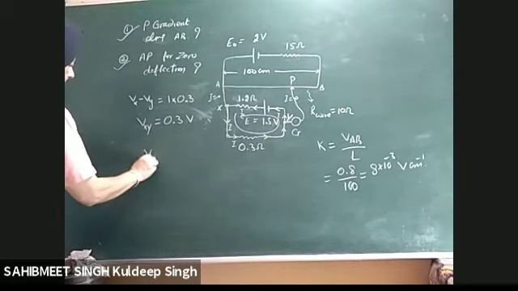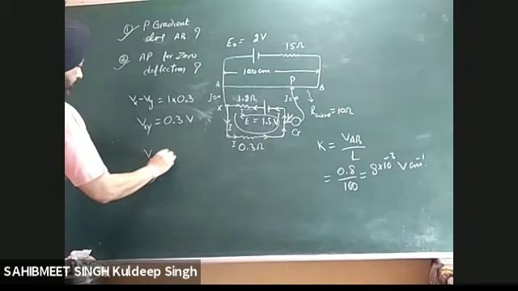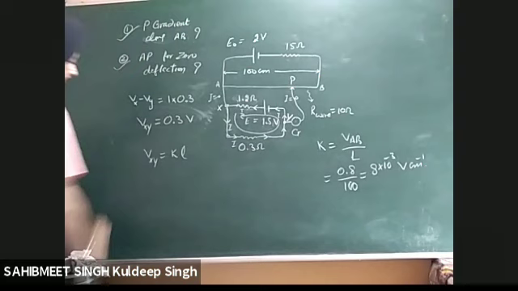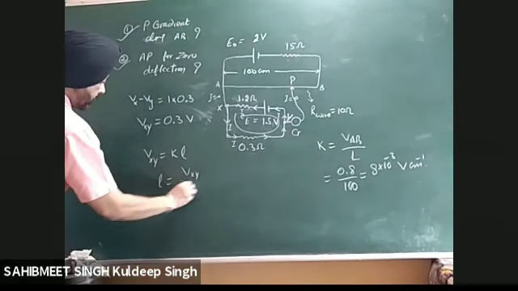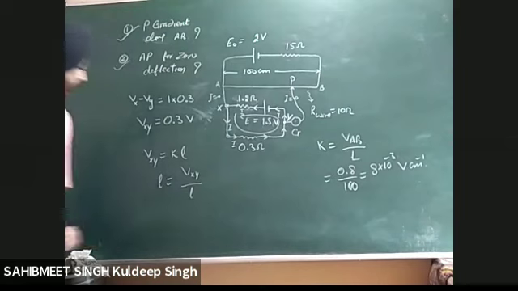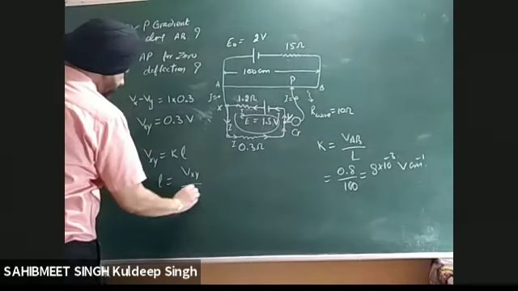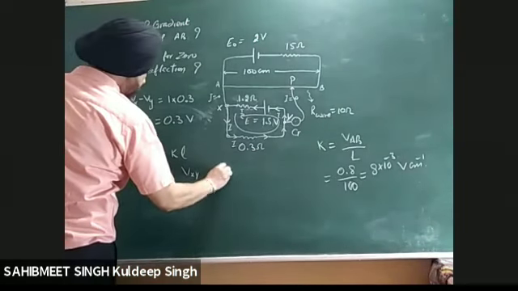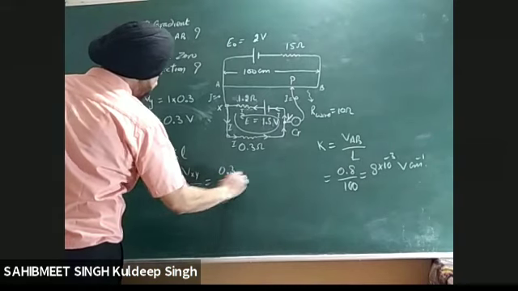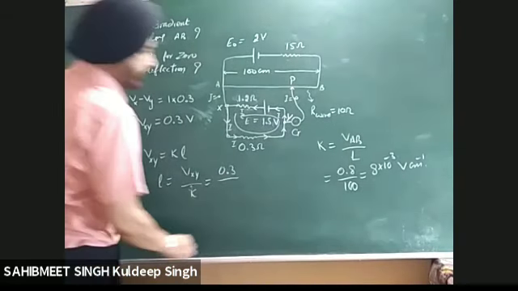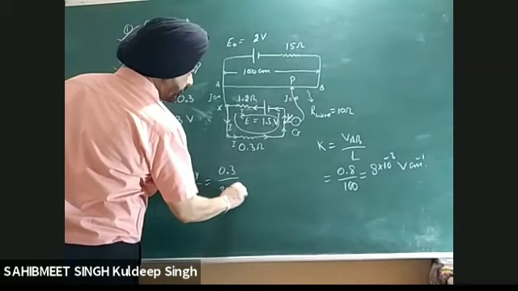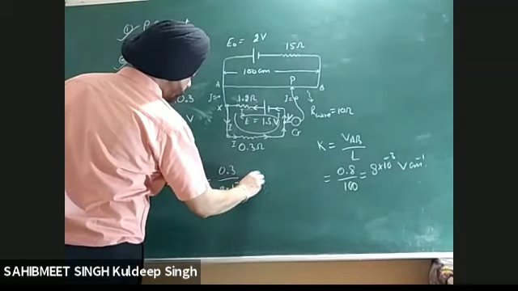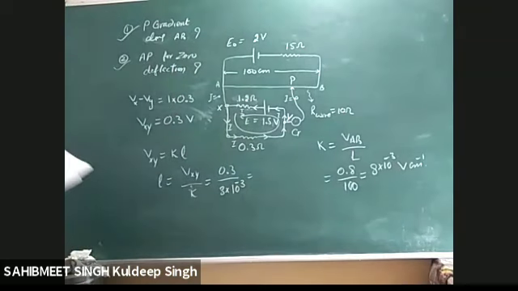To balance Vxy, I need K into L. Then L is equal to Vxy by K. This is 0.3 divided by 8 into 10 raised to power minus 3.